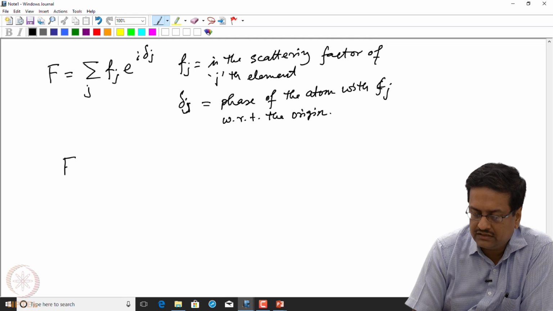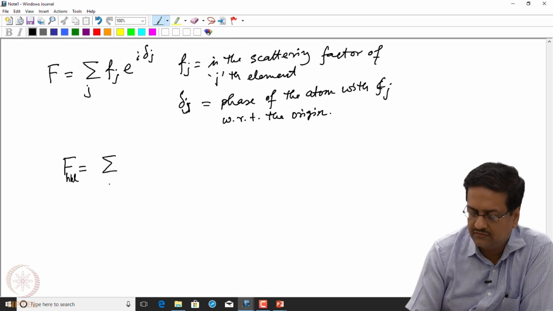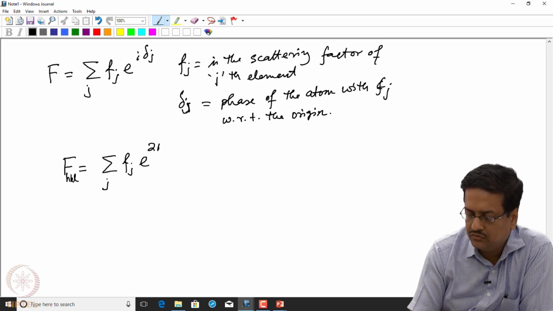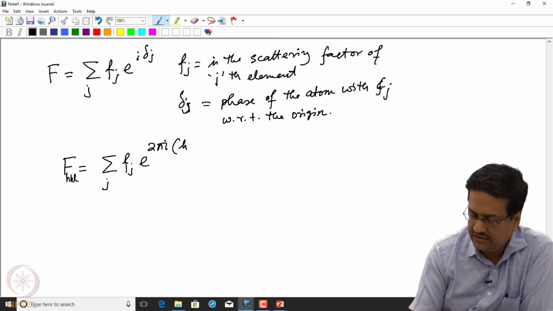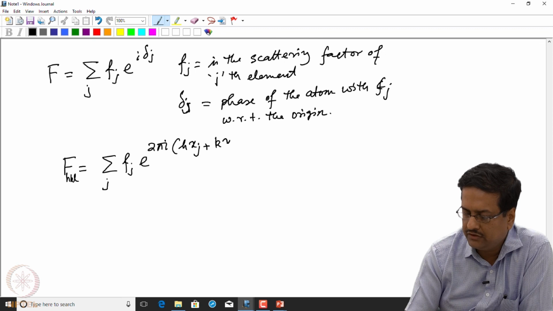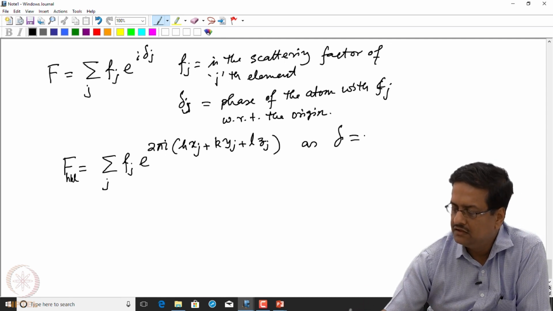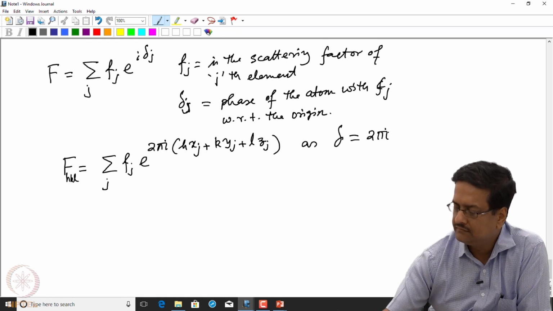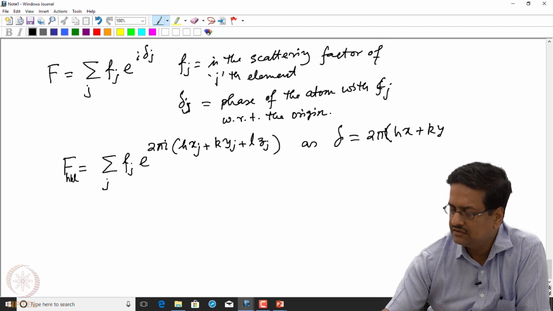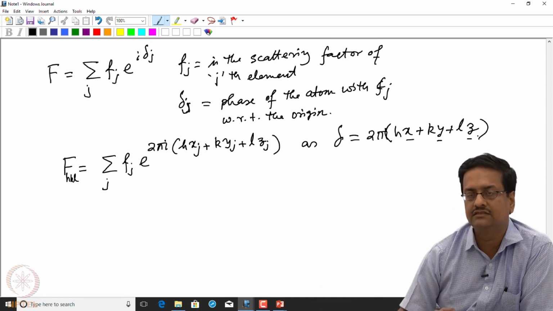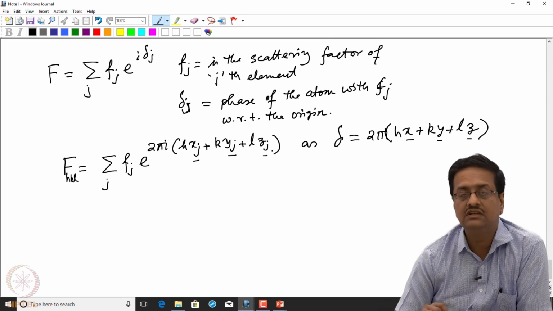So now we can write the structure factor F(HKL) as equal to sum over j f_j e to the power 2 pi i (Hx_j plus Ky_j plus Lz_j), as the phase delta is nothing but 2 pi (Hx plus Ky plus Lz), and here since we are doing the sum over all possible x, y and z, the subscript j's have come in.